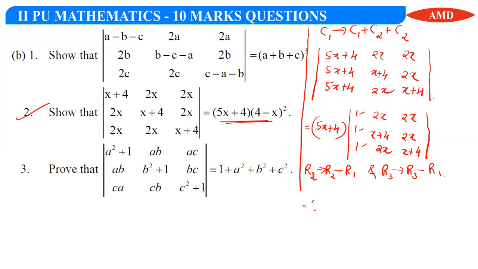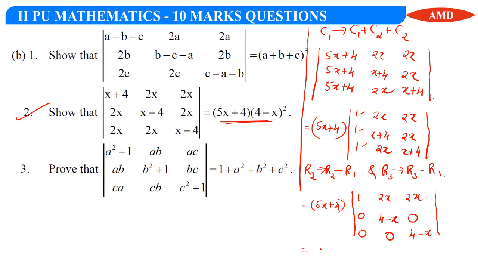You see, this is going to be 5x plus 4 will remain as it is. The first row is 1, 2x, 2x. Next row is going to be 0. This is going to be 4 minus x. This is going to be 0. Third row minus the first row again, 0, 0. And this is 4 minus x.